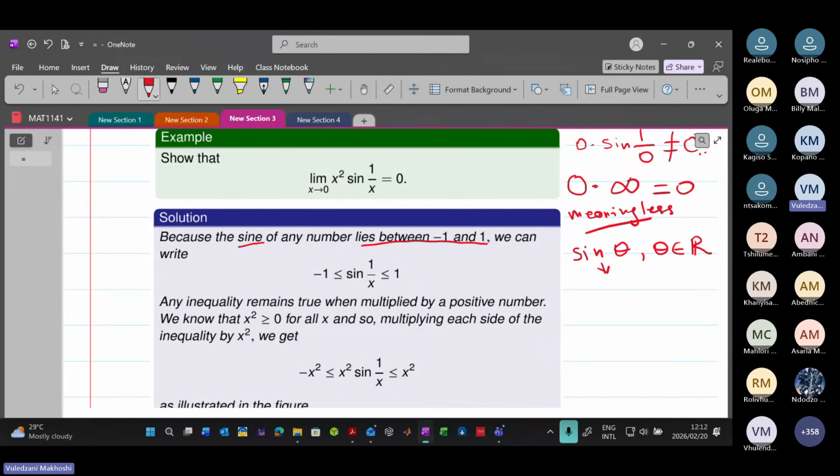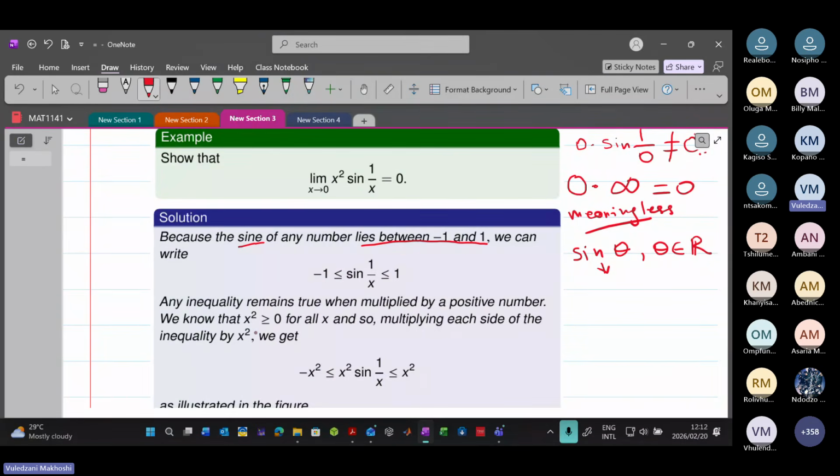And again, since we are working with real numbers, we know that if you take a real number, you square it, it is always positive, except when that number is 0. So x squared is always greater than 0 for all x. So you can multiply both sides of the inequality by x squared, and the inequality will not change. So we started off with this inequality.